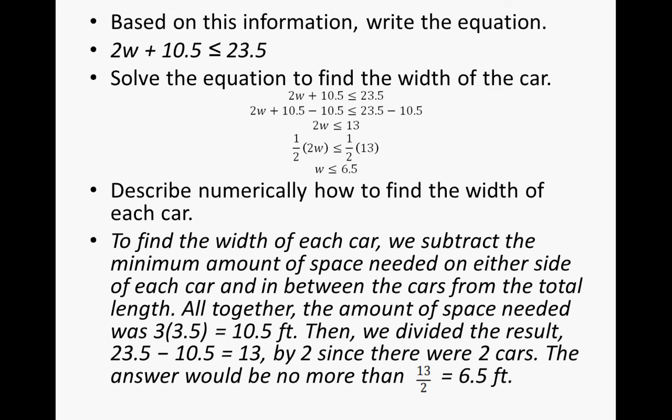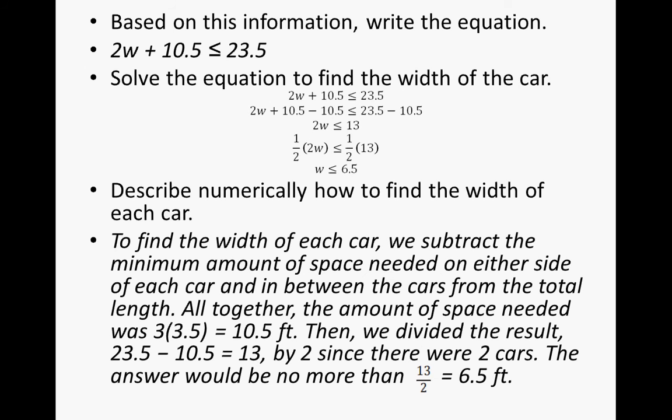You should have something that looks like this. To find the width of each car, we subtract the minimum amount of space needed on either side of each car and in between the cars from the total length. That is represented by the 10.5. Altogether, the amount of space needed was 3 times 3.5, which was 10.5 feet.